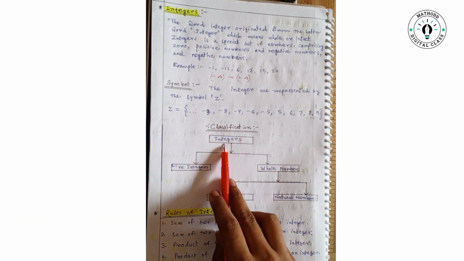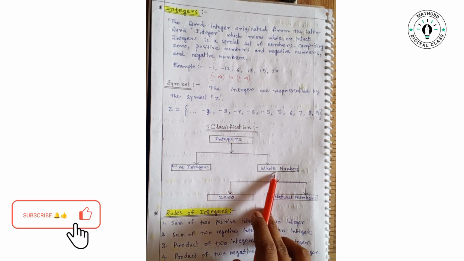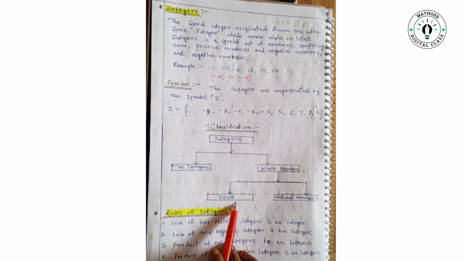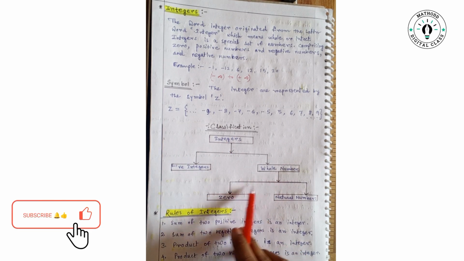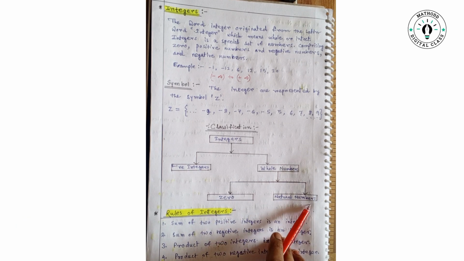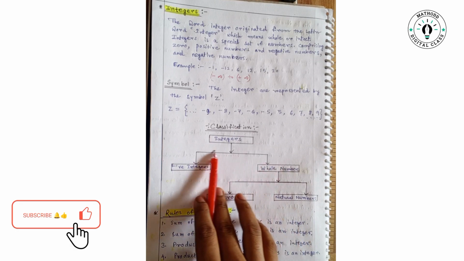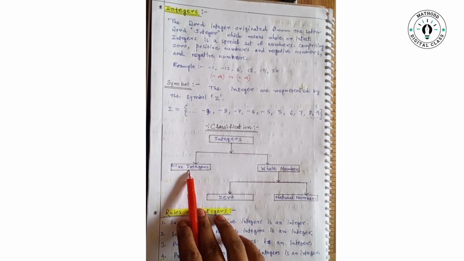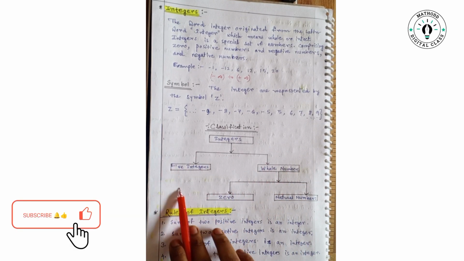Now the classification: integers are classified into two main types and two subdivisions. Integers divide into positive integers and whole numbers, and whole numbers are divided into 0 and natural numbers. We will discuss all these things in our next video. In part 3 we will discuss that.